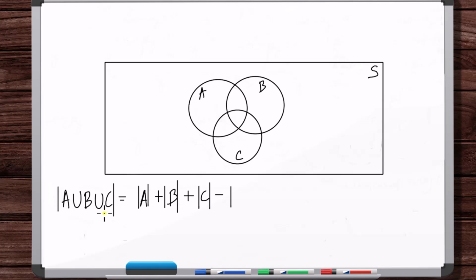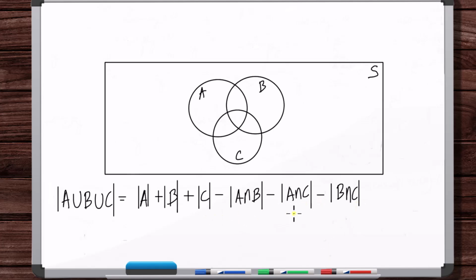We have 3 sets here, and we're choosing 2 at a time, so 3 choose 2. That's 3 factorial over 2 factorial, so there are going to be 3 of these pairings, and that's going to be all the intersections. So we'll do A intersection B minus A intersection C, and then minus B intersection C.